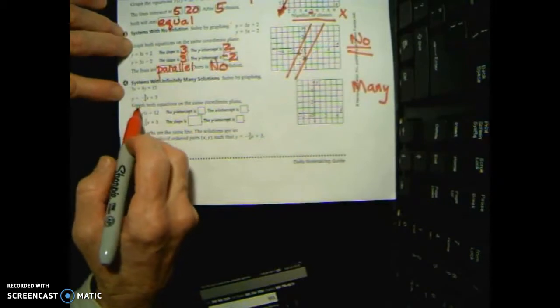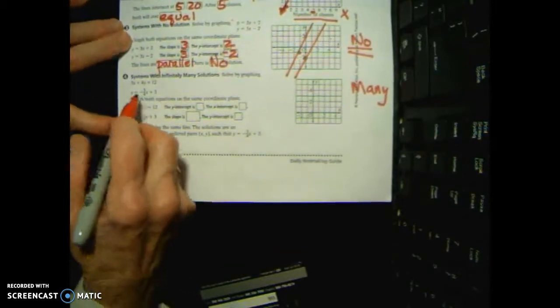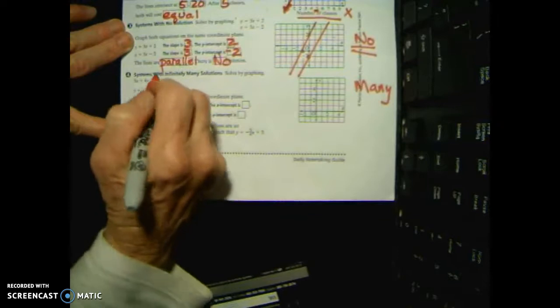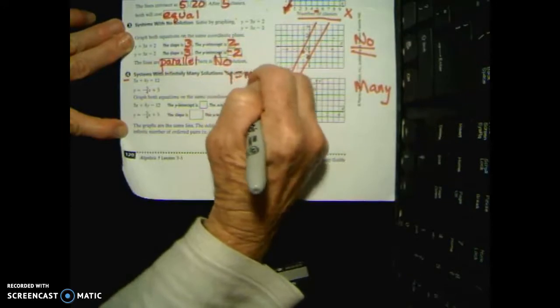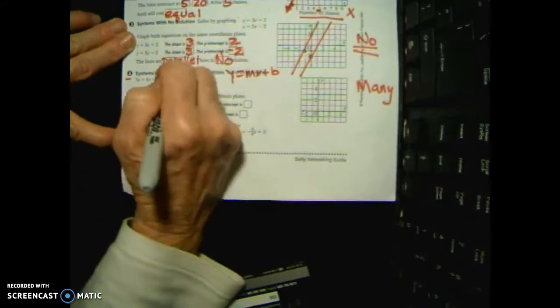And the final one is 2 lines, and I can't really tell right off the bat whether or not that's the same line. All I know is I can't do anything with this first one until I put it in y equals mx plus b form. Remember that? So let's say I need to move this 3x over.